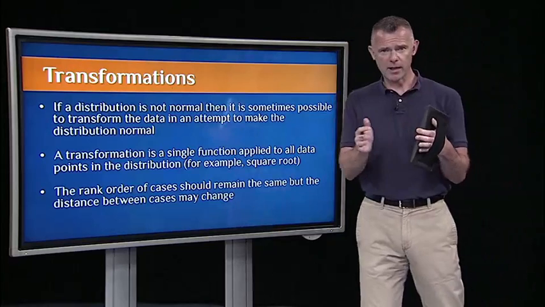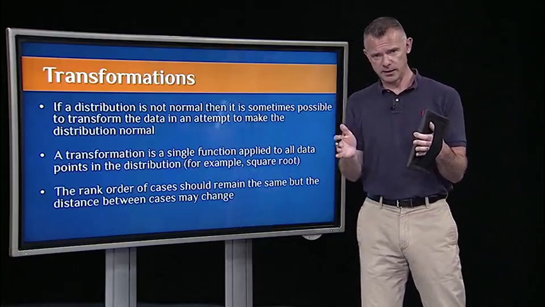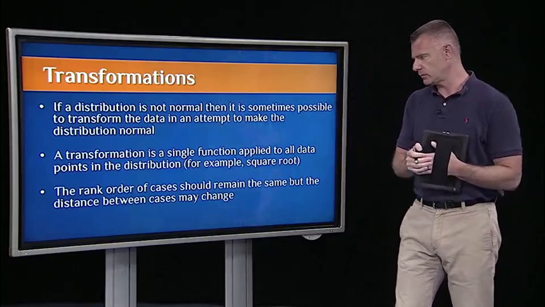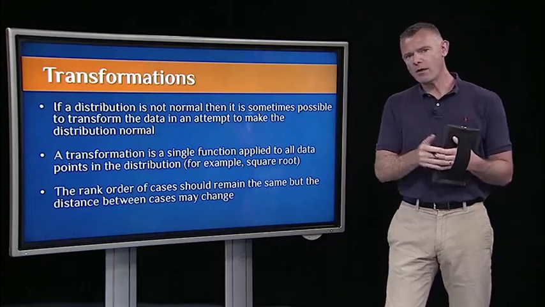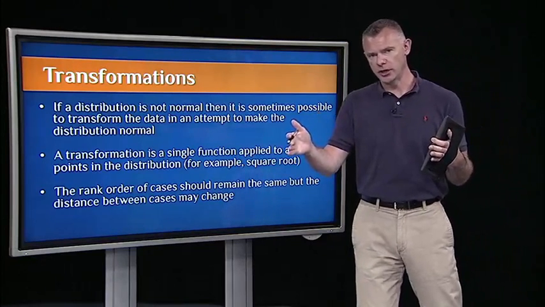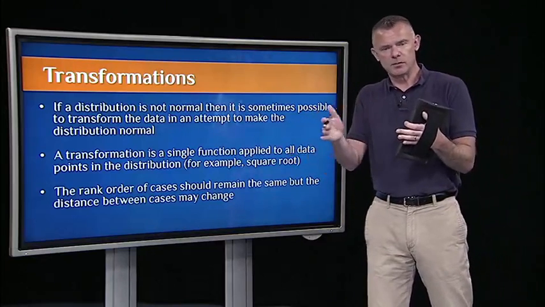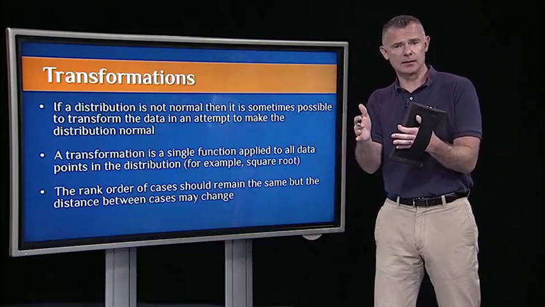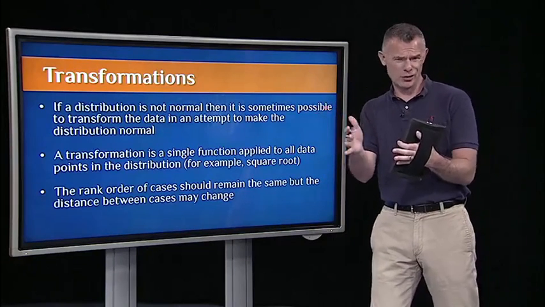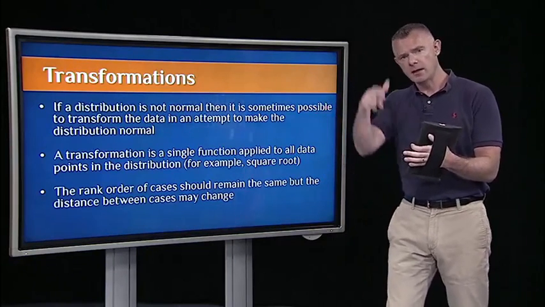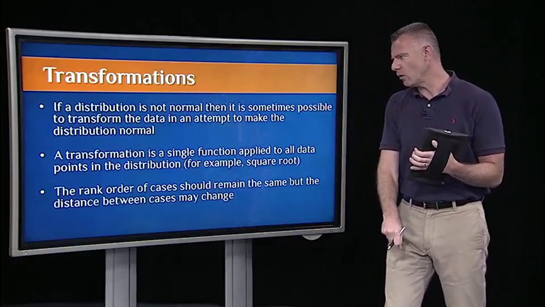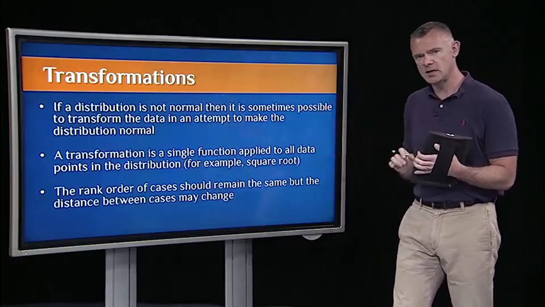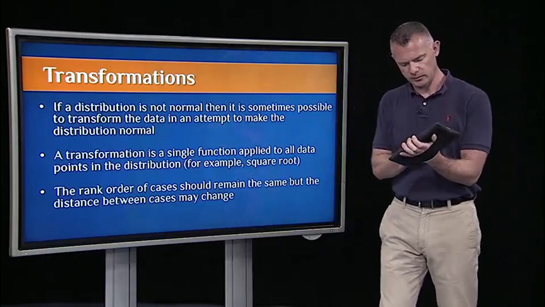What's important is that these transformations do change the values in our variables, but the rank order of the cases won't change. The distance between the cases may change, reducing, say, the variance and standard deviation, hopefully reducing the skew. But what's really important is that the rank order of cases doesn't change. That's what's key to doing a data transformation.